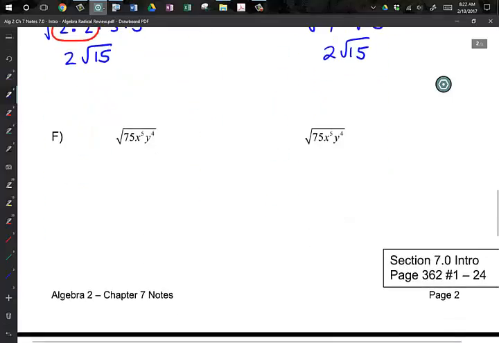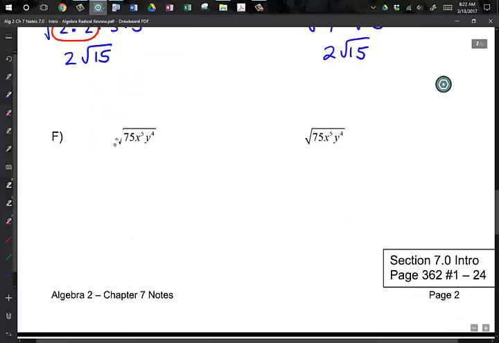All right, let's take F and change this one up a little bit because it looks like it was the same problem. I'm not sure how that got duplicated. Let's go the square root of 80 x to the 9th y cubed.